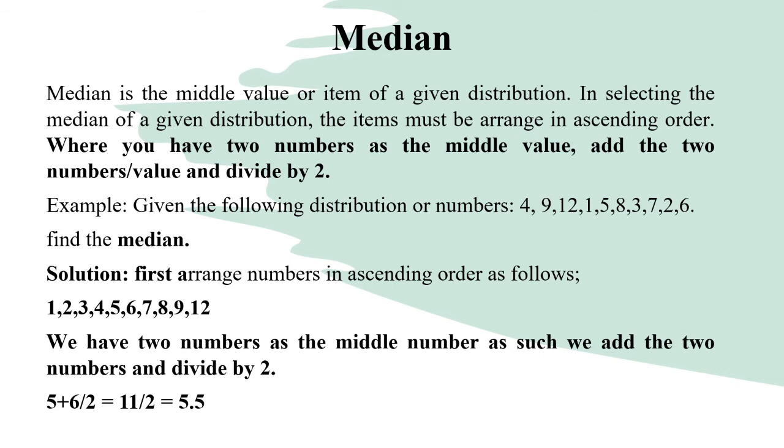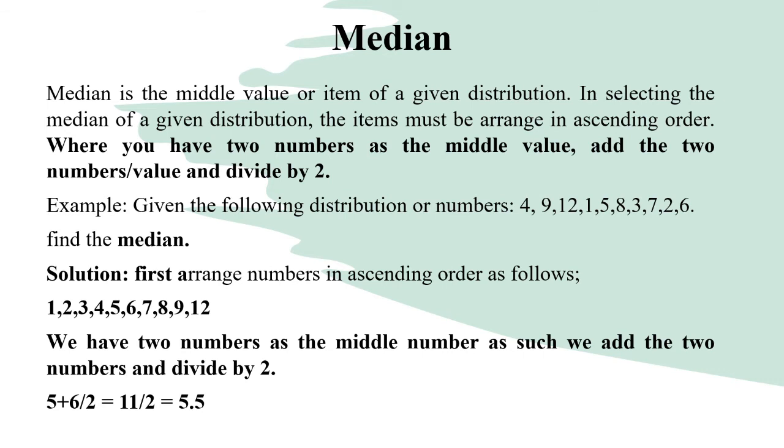So here we have two numbers that are in the middle, that is 5 and 6. In getting our median, we add 5 plus 6 and divide by 2, and our answer is 5.5.